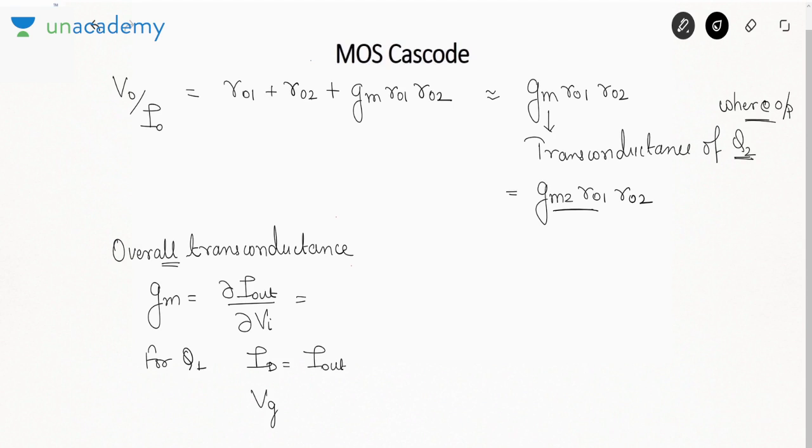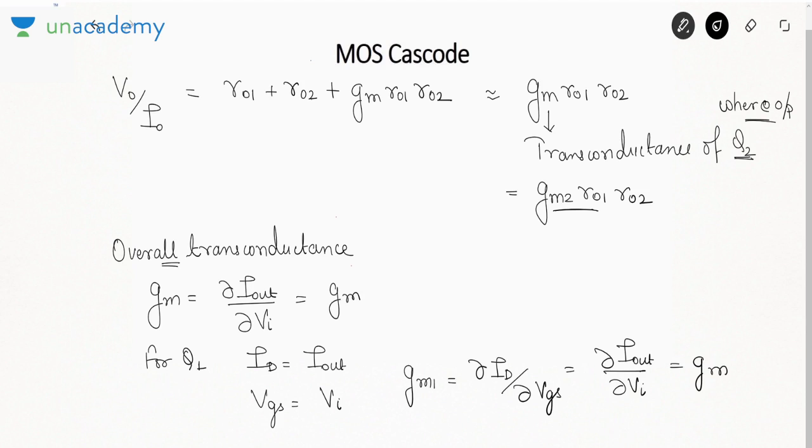and VGS is Vi. We know the transconductance of any transistor is the ratio of change in drain current to change in VGS. So that is del I out by del Vi. So that is also GM, so GM is equal to GM1.